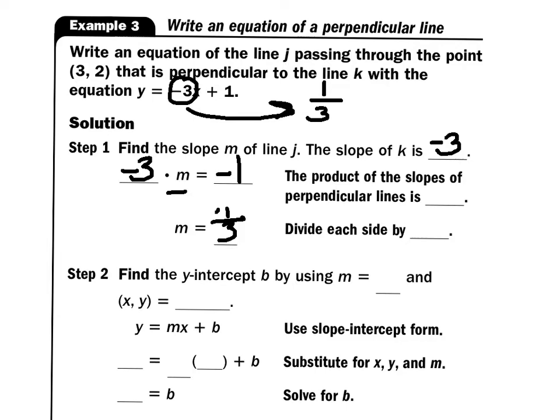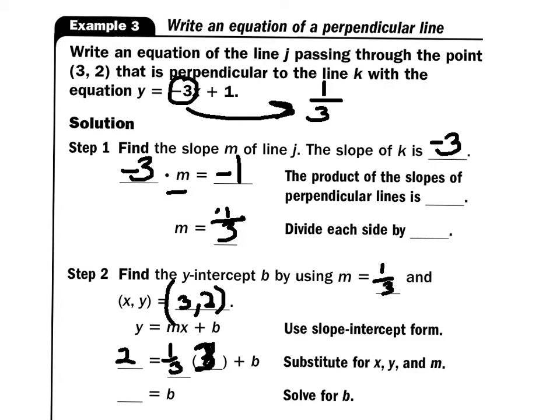Okay, now we're going to find the y-intercept by taking the 1/3 and putting in the x and the y that they gave us, 3 and 2 above, and solving for that b. Here's 1/3 times 3, plus b.